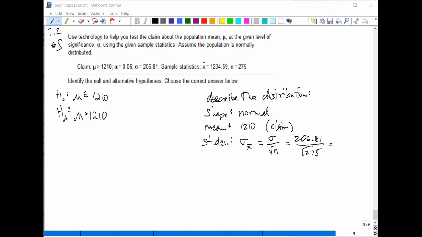So by the calculator, that's 12.4711. I always like to do everything to 4 decimal places.